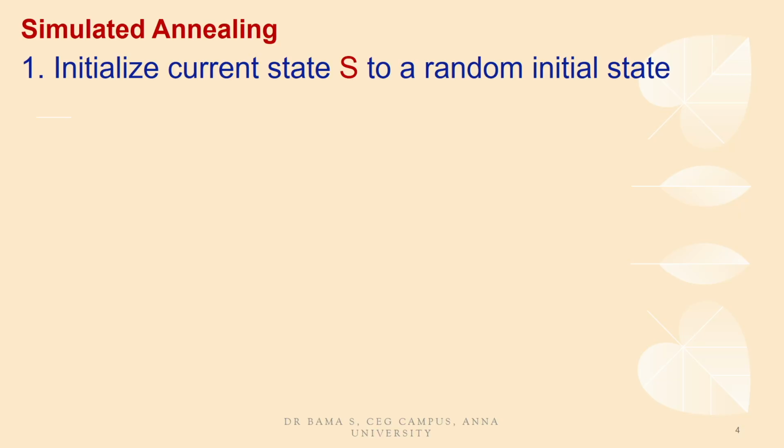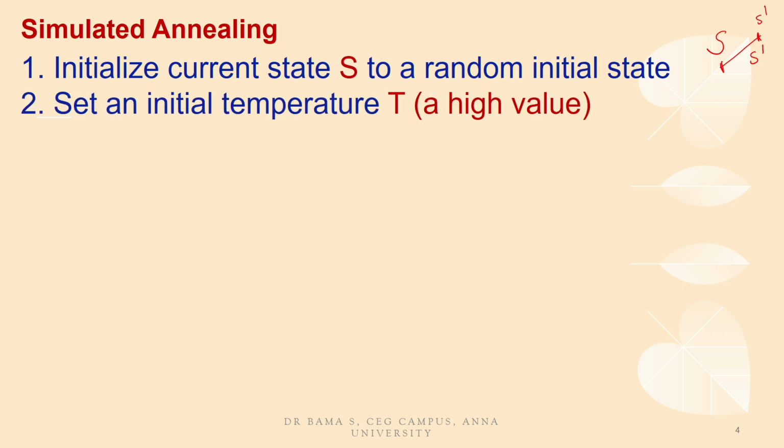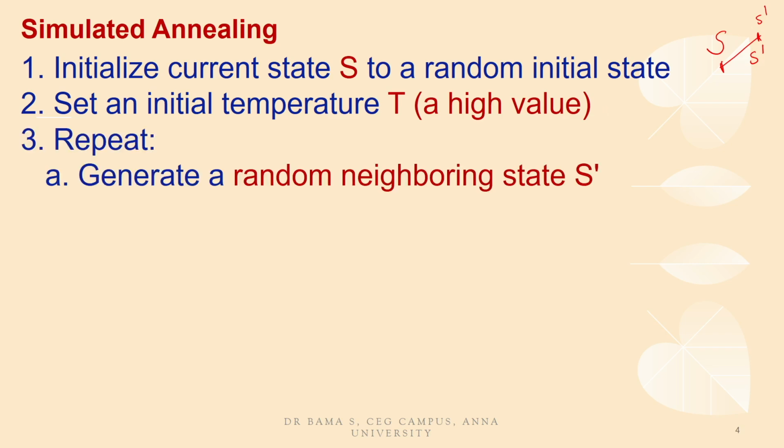Remember this is a hill that we are seeing, where there is an initial state or some random state, and S dash is going to be the next neighbor state. So, initialize the current state S and set an initial temperature T to a very high value, similar to the annealing temperature, and we are going to repeat these steps.